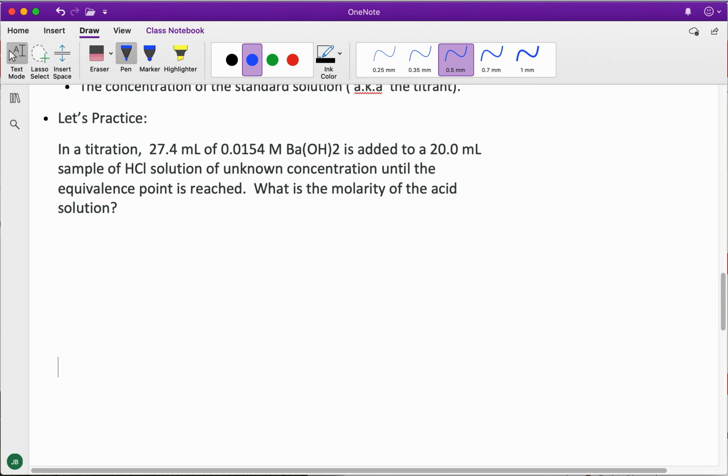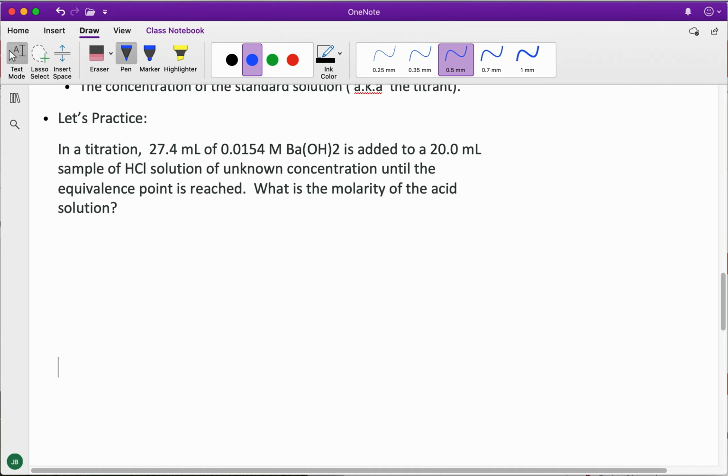And once again, don't forget, how do we know when the equivalence point is reached? When we see the indicator change colors, and as soon as the color remains, even after it's swirled, that's when we know we've reached the equivalence point or just gone a little bit past the equivalence point. So the question, the unknown, is what is the molarity of the acid solution?